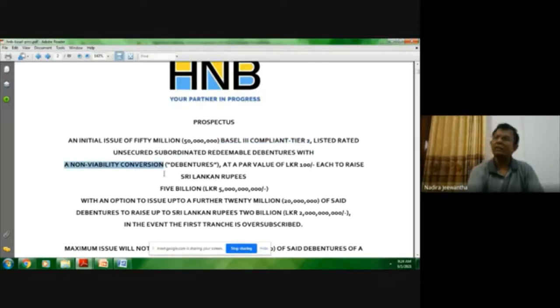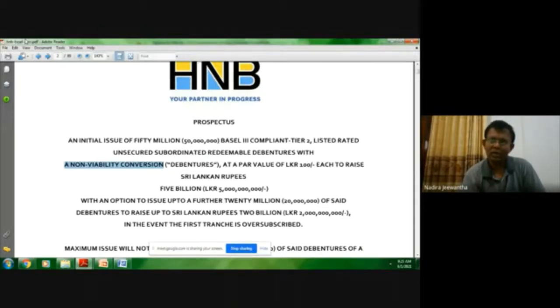So this is the new thing. You can expect the examiner to test this. Now, in this particular debenture, there is a feature embedded. You can convert this particular debenture into shares. Now, the debenture is a liability.